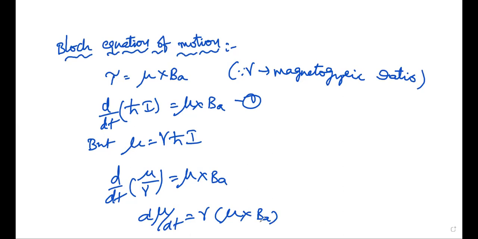The nuclear magnetization M is the sum of the magnetic moments of all the nuclei in a unit volume.